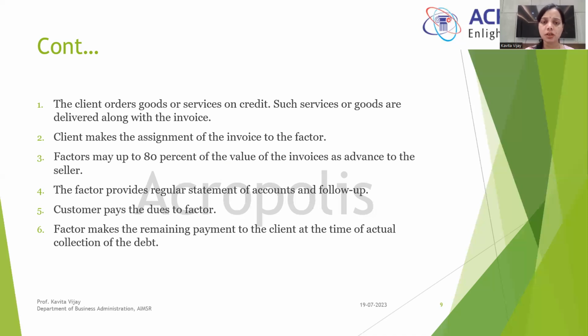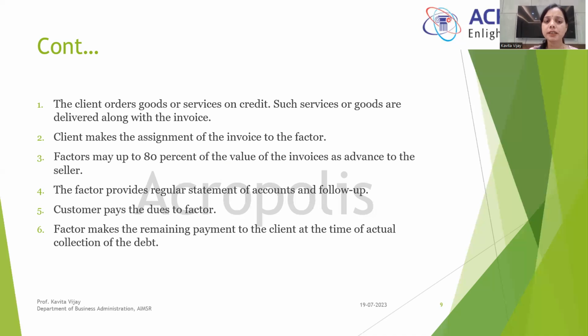The factor company purchases the trade debts from the seller company and also collects them. In a few factoring arrangements, the factor company manages the entire sales ledger of their clients too. The administrative work is also done by the factor company in some factorings. The factor pays up to 80% of the value of the invoices as an advance to the seller.